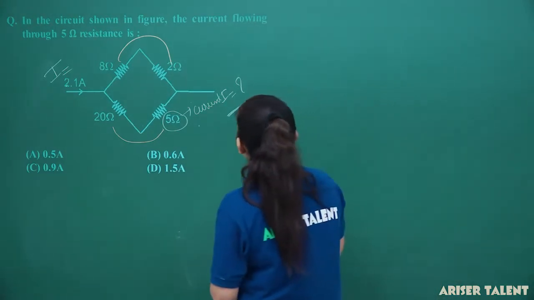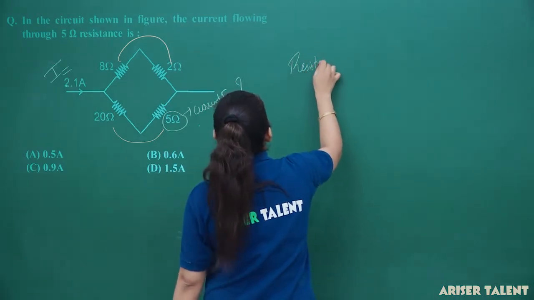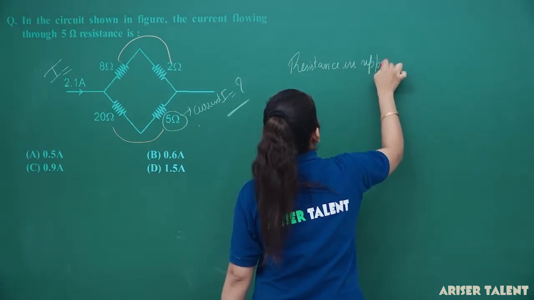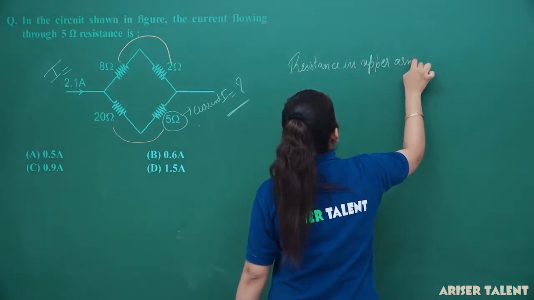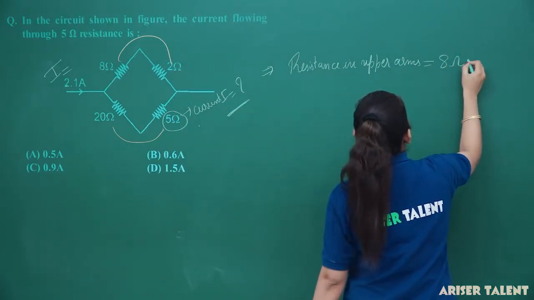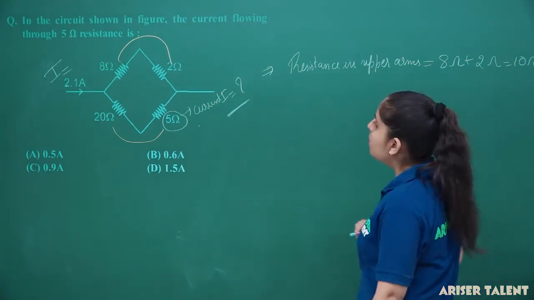So I can find out here that the resistance in the upper arms will be 8 plus 2 ohm and it came out to be 10 ohm.